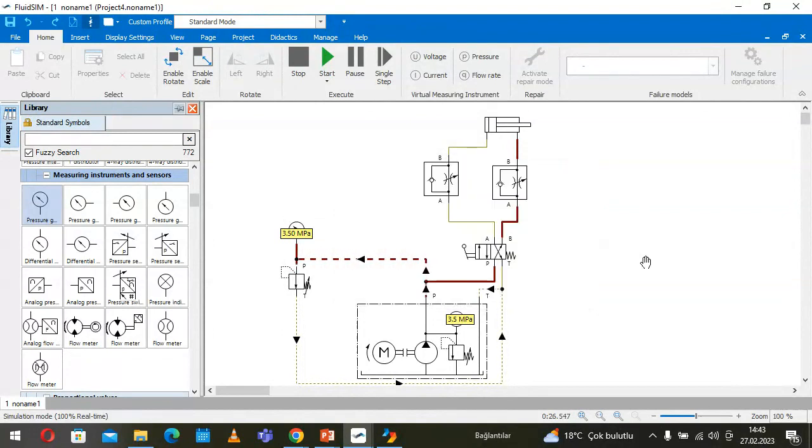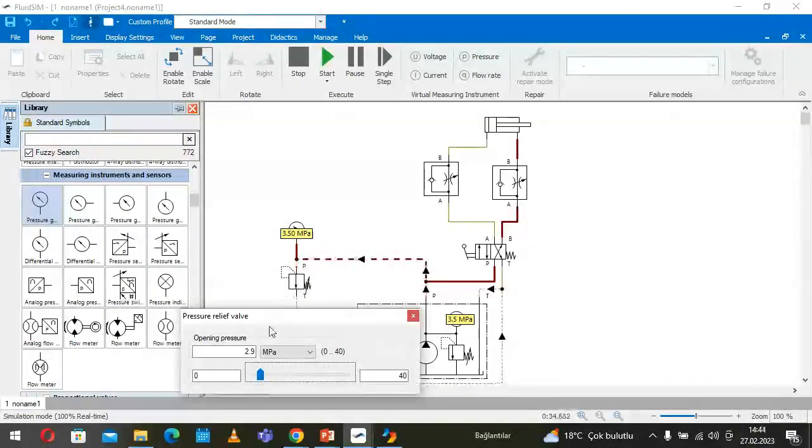Okay. This is 30. And you see, if we increase that over the 30, the flow here will be stopped.